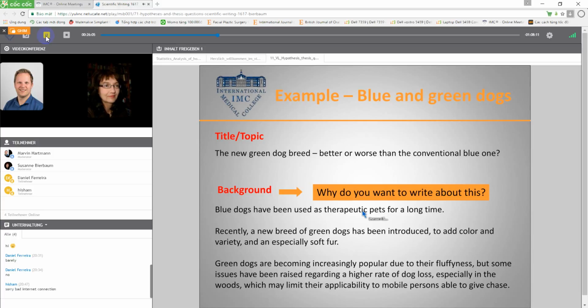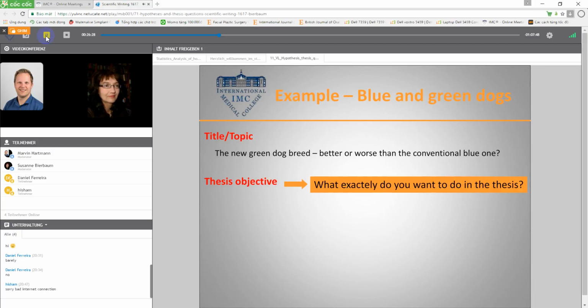Now we have the new green ones, and they have a nicer color, and they are very fluffy, and people are using them a lot now. But lately, there have been some issues regarding a higher loss of the green dogs. So now, for my thesis, I want to see if that is really true. Which one is better, the green one, blue one?